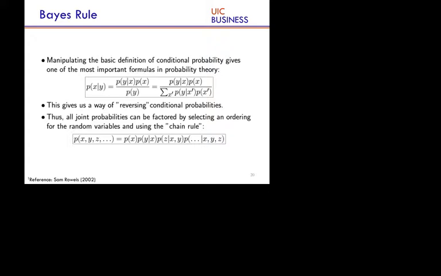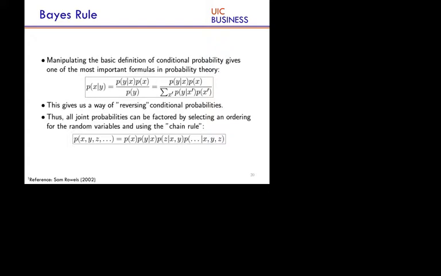There's also another interesting rule that you need to know, which is the chain rule. If you're given a joint probability, then you can factorize it into k terms, where you condition on all the terms that came before.